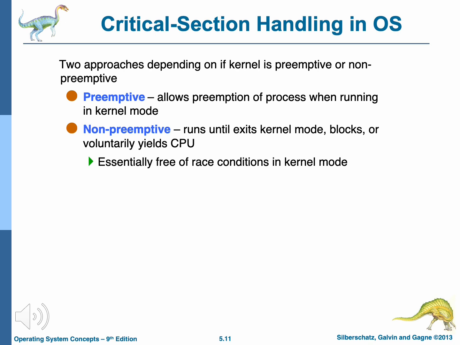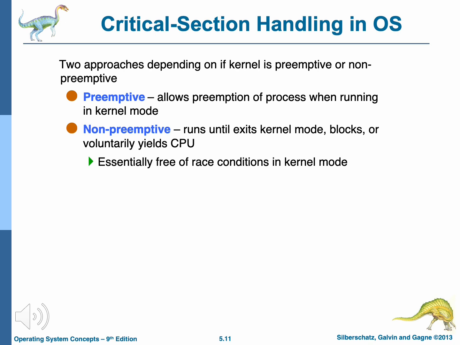A kernel mode process will run until it exits kernel mode, blocks, or voluntarily yields control of the CPU. Obviously, a non-preemptive kernel is essentially free from race conditions on kernel data structures, as only one process is active in the kernel at a time. We cannot say the same about preemptive kernels, so they must be carefully designed to ensure that shared kernel data are free from race conditions.